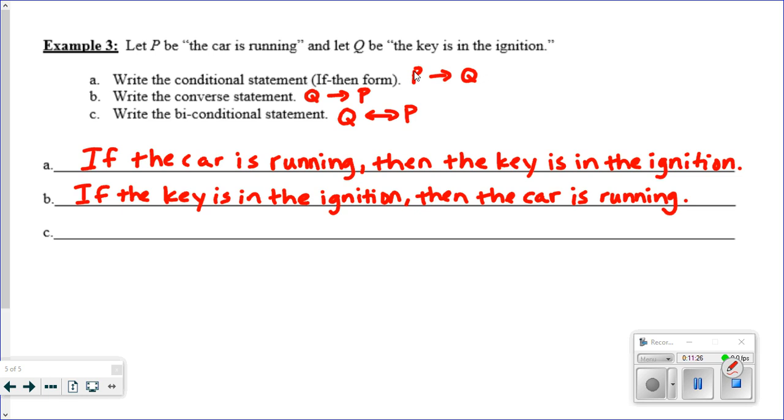All right, now let's do the biconditional. So the part that we learned today. So remember, you take off the if at the beginning. Okay? So, Kale, what would we have?